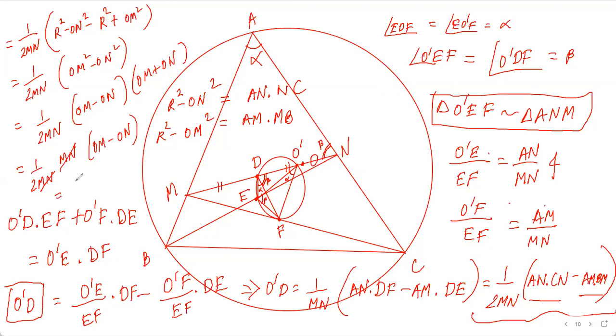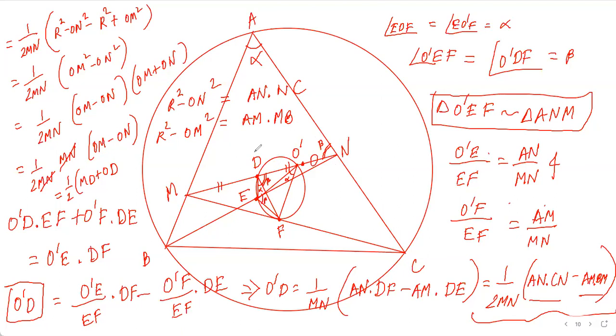Now OM I can write as MD plus OD, and ON I'll write as DN minus OD. Why am I doing this?